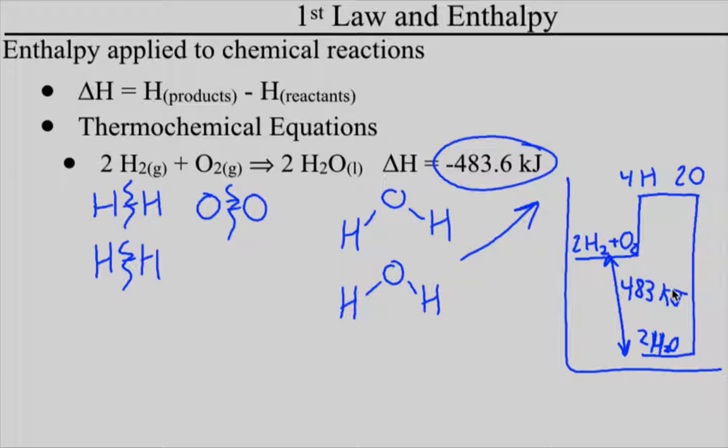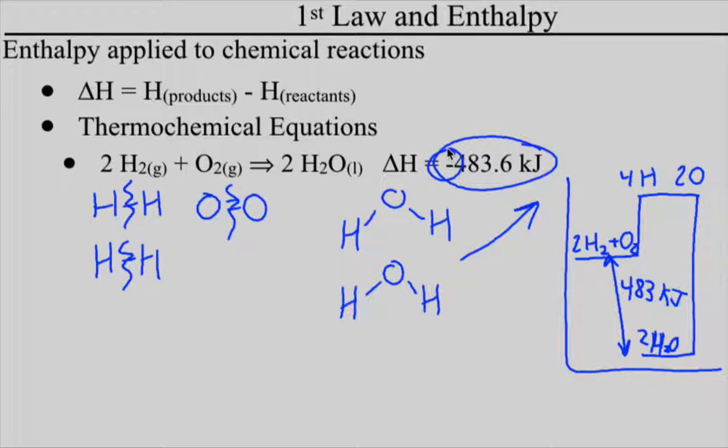Caleb, go ahead. So how would we know that those products go lower than reactants? Yeah. How much energy? That's a good question, and the answer is right here. What I was hoping to drive home with this is that in a thermochemical equation, that number simply tells you the difference in energy between the reactants and the products.